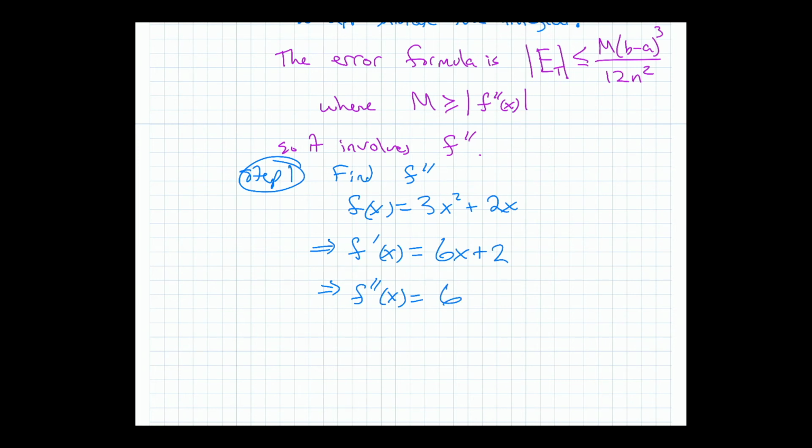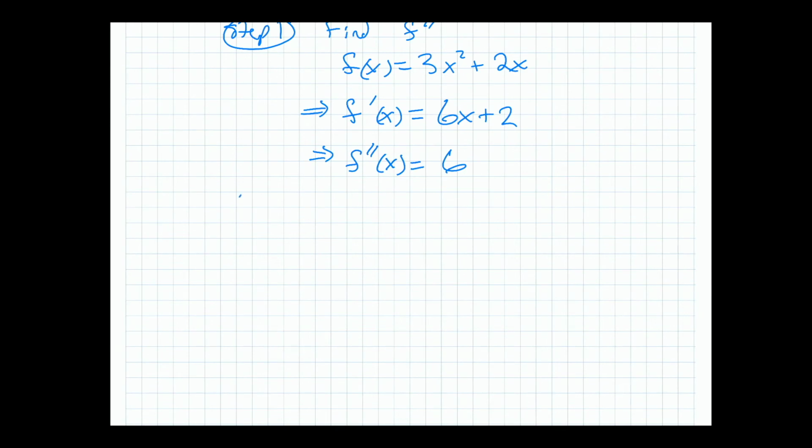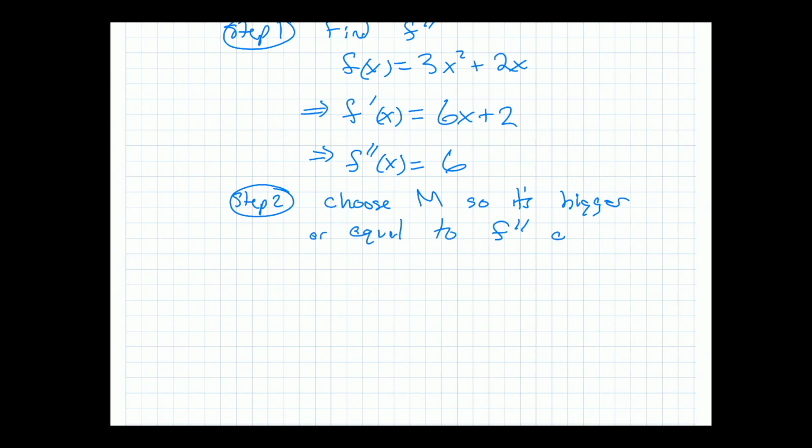Okay? Now, you need a bound, right? You need to choose M so it's bigger or equal to f double prime on a to b. Now, we don't actually care. For us, we can just say, well, f double prime is actually 6, right?